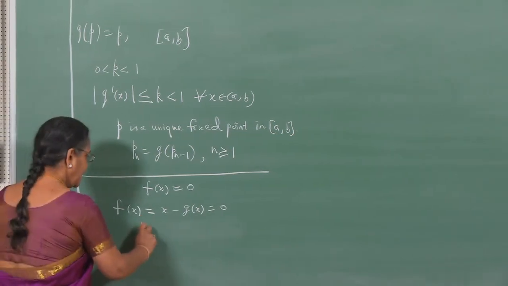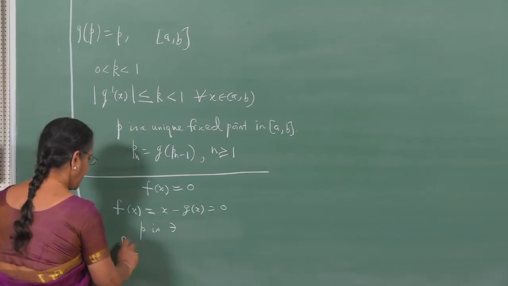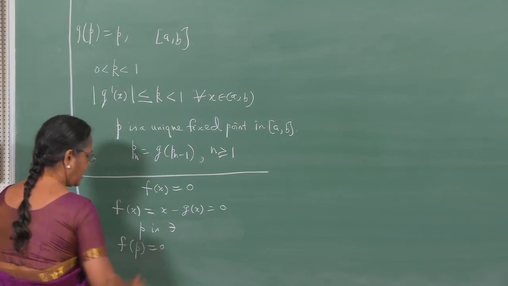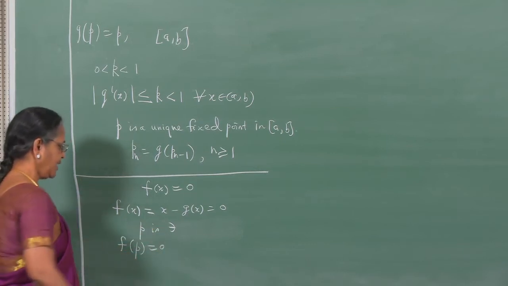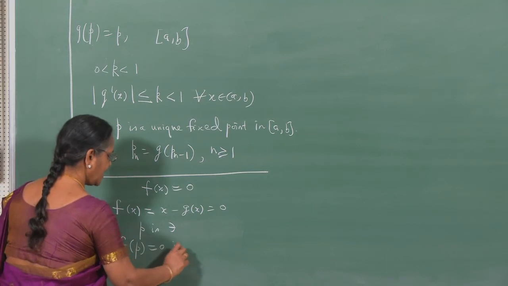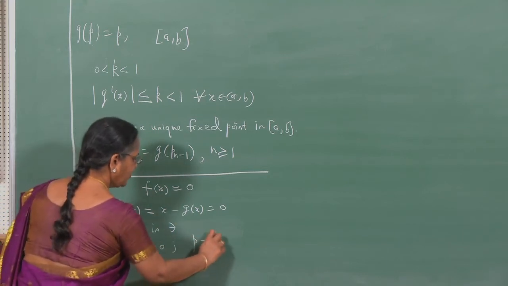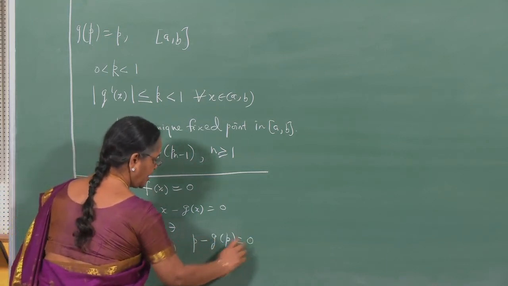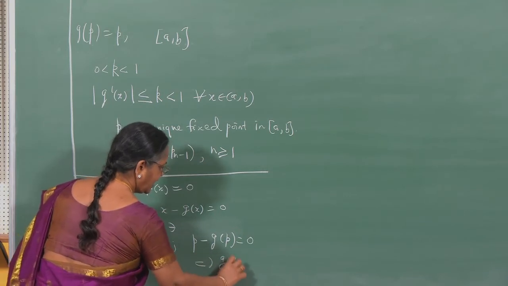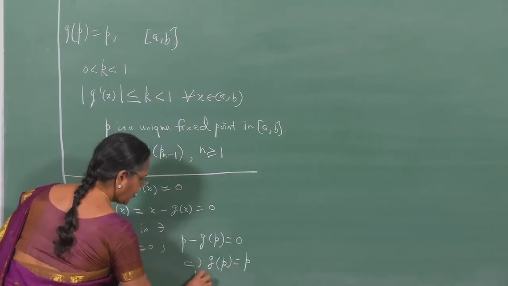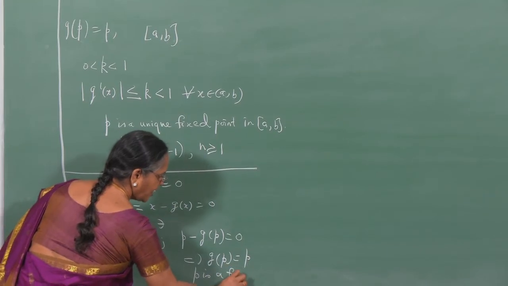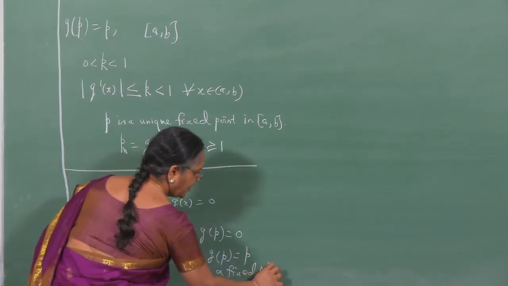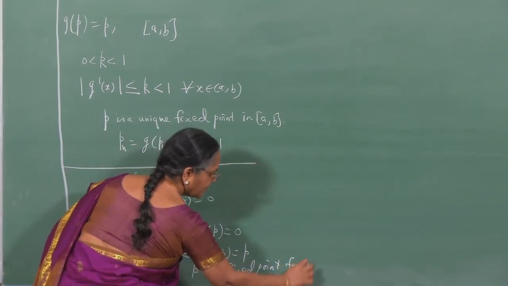So, if p is such that f of p is equal to 0 and p is a root of the equation, then we observe that at this p we have p minus g of p equal to 0, implying that g of p equal to p, so that p is a fixed point for this function g.